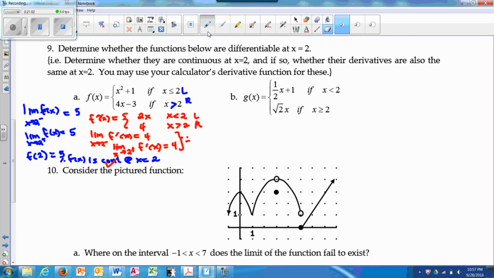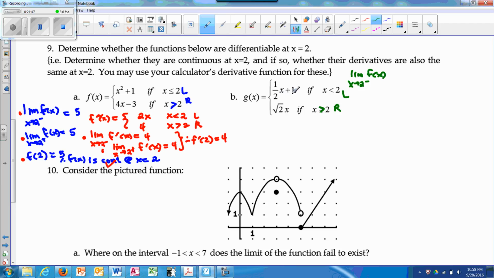So now that we know shortcuts for derivatives, we're going to take the derivative of the function piecewise. Now, what's really important is we're determining whether we have differentiability. We do not put an equals here unless we determine that yes, the derivative exists. We don't know the answer to that yet. So I take the derivatives and I leave this as open. I have my left and my right. So the limit as x approaches 2 from the left of the derivative this time. The left-hand side is 2 times 2 is 4.